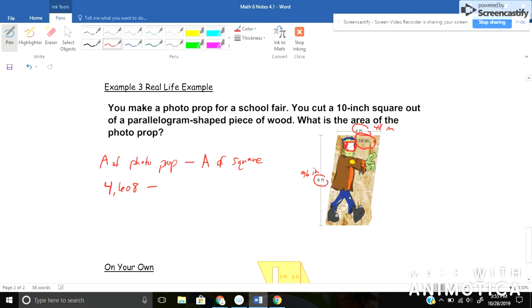So if this is 10 inches and this is 10 inches, the area would be 10 times 10, which would give me 100 inches. So I just need to take 100 away. 4608 minus 100 would be 4508, and that would be in inches squared. It doesn't tell us to use a specific measurement, so inches are okay.